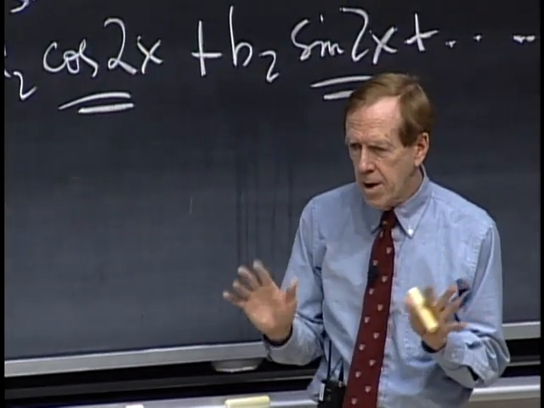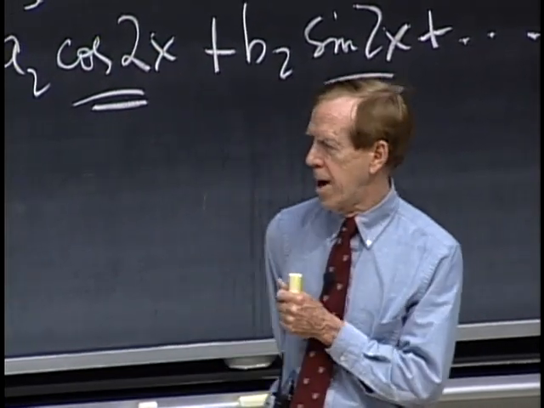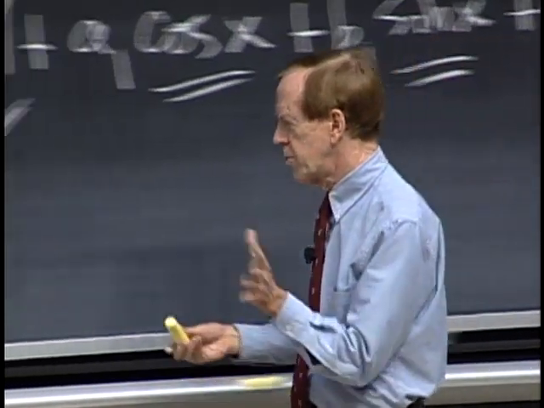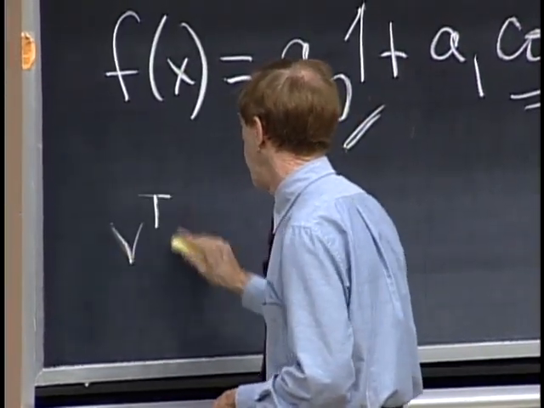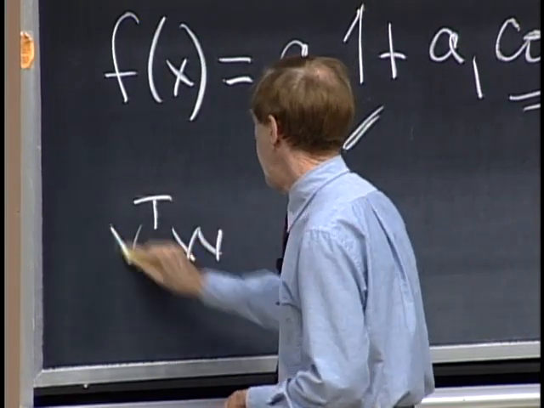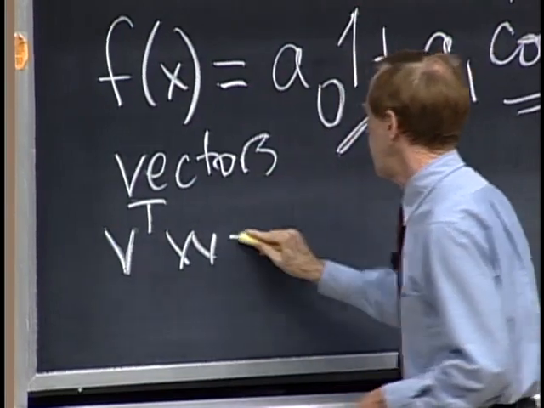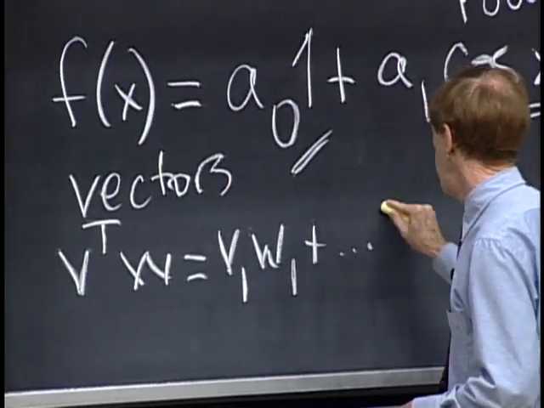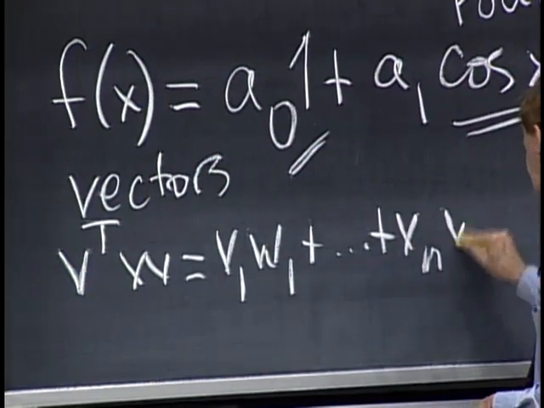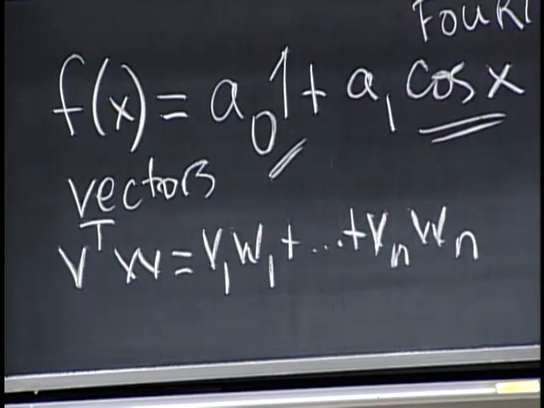So let me tell you what I mean by that dot product. How do I compute a dot product? So let's just remember, for vectors, v transpose w. For vectors, v transpose w was v1 w1 plus up to vn wn. Okay, now functions.